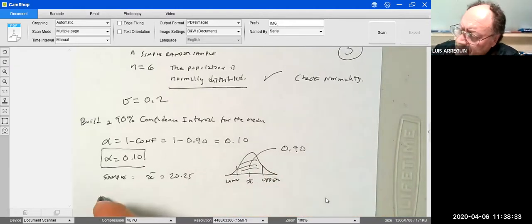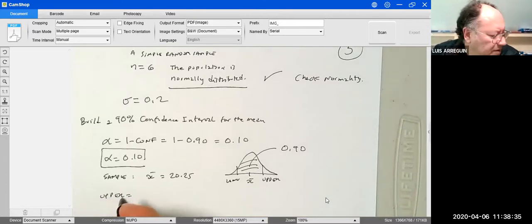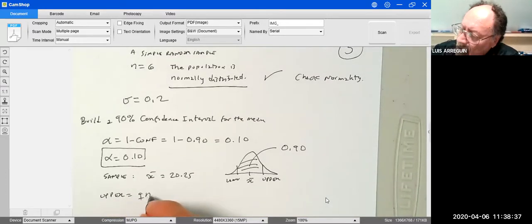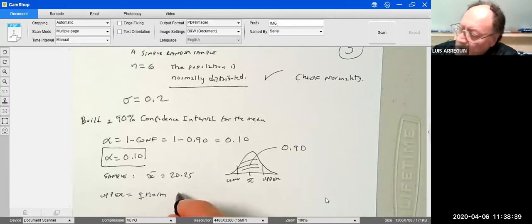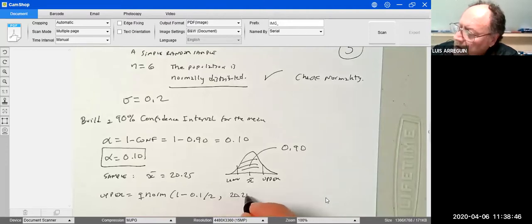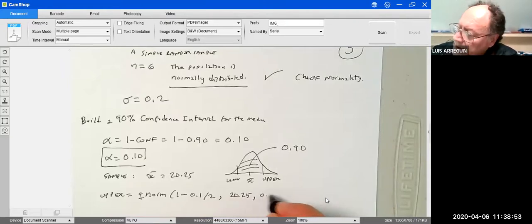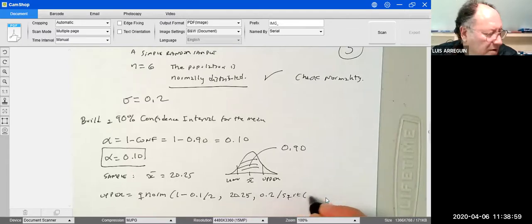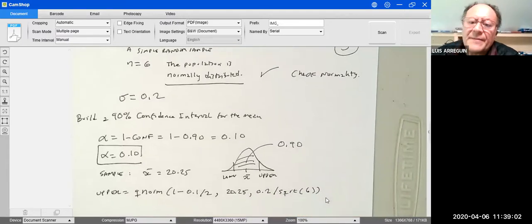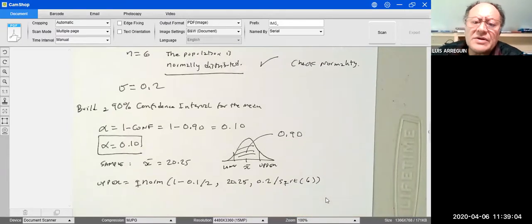So our upper value is just qnorm of 1 minus 0.1 over 2, comma, now we have a mean of 20.25, comma, then the standard deviation of the sampling distribution is just 0.2 divided by the square root of 6, because the size of the sample is just 6.